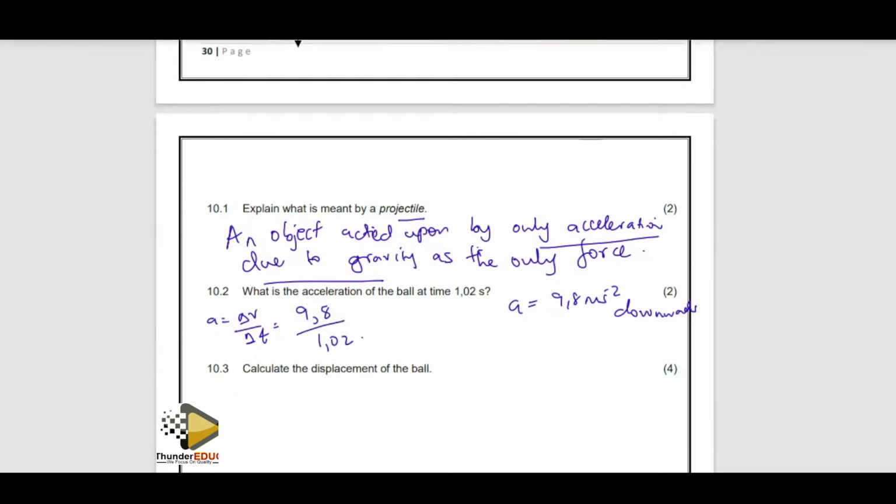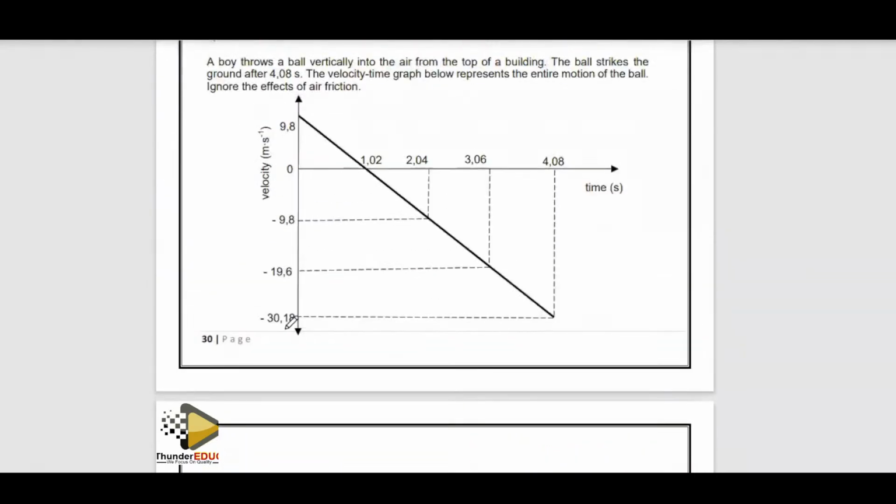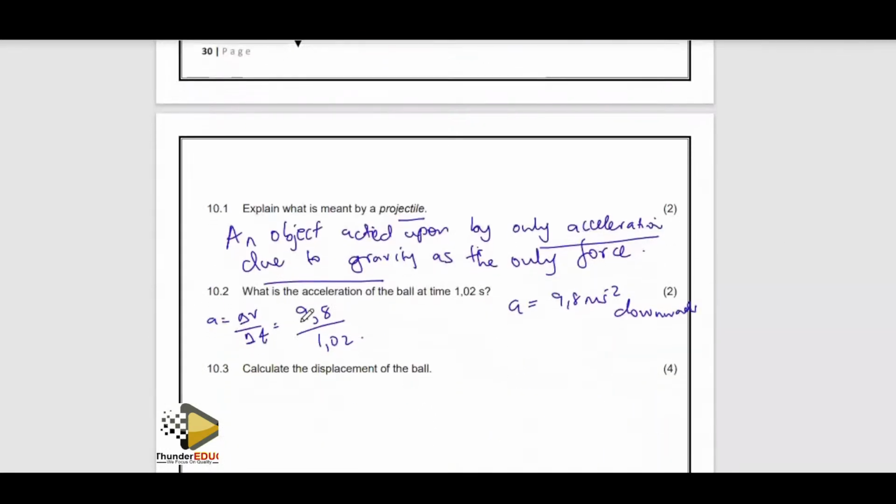How are we getting the 9.8? Remember, we're getting the gradient, change in V over the change in T. So that is what is giving me the 9.6. So whichever option you go for, it's correct.